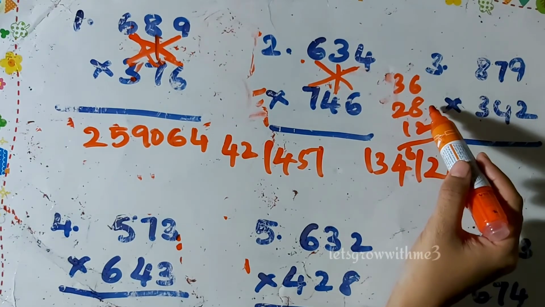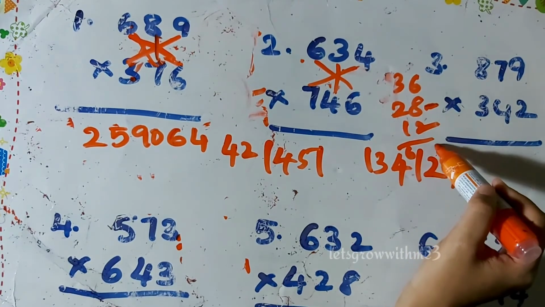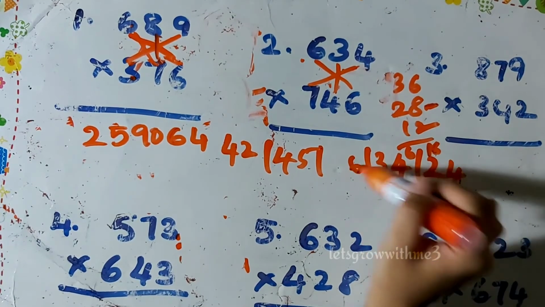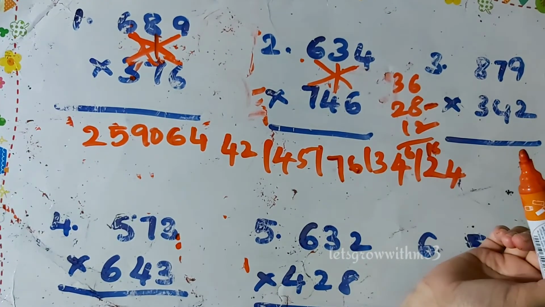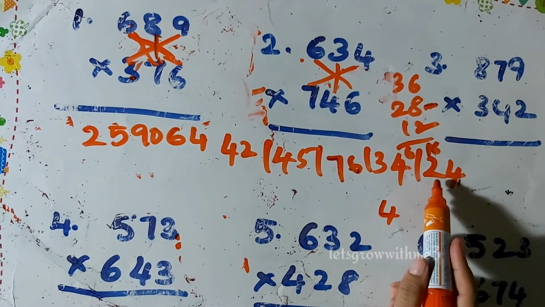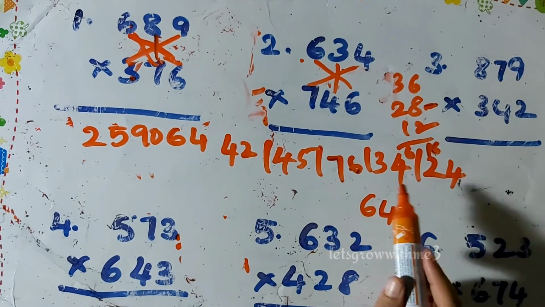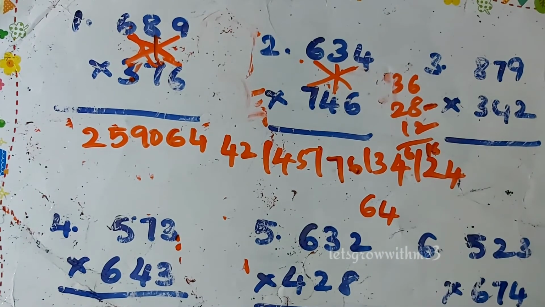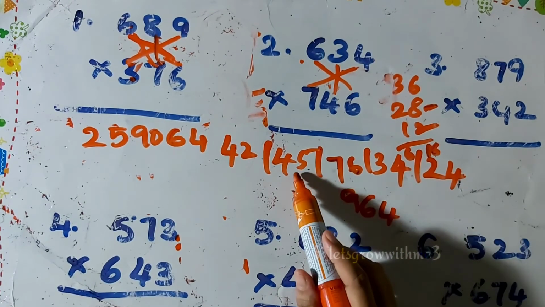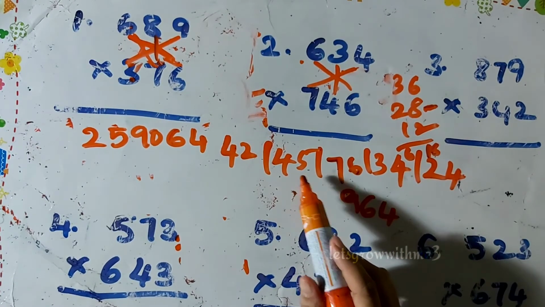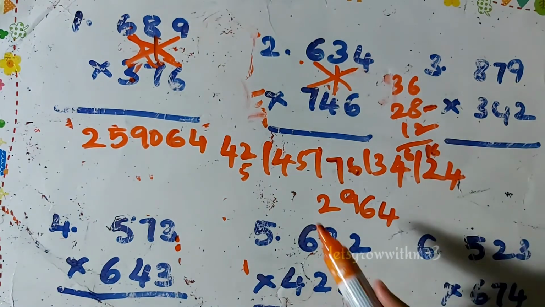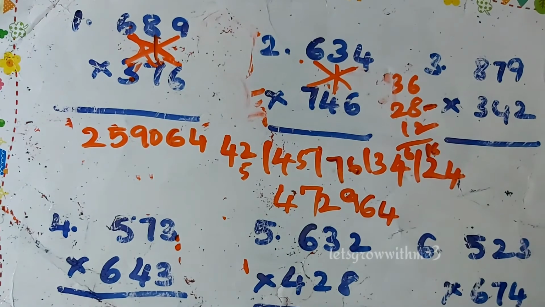Then we need to do the balancing rule. When we apply the balancing rule, 6 plus 1 is 7. So let's do balancing here. Write 6, then 9 here, and we need to add 7 here. 45 plus 7 means 52, so write down 2 here, 5 here. 42 plus 5 is 47.